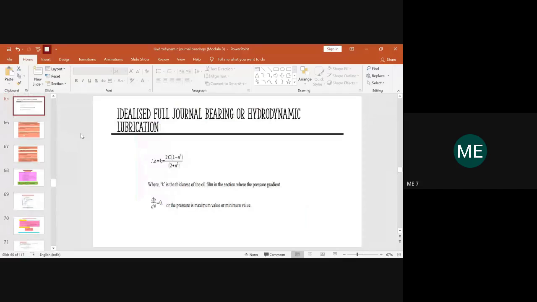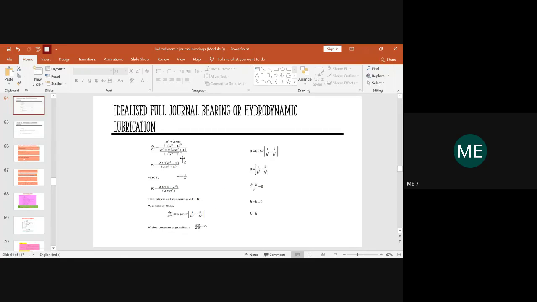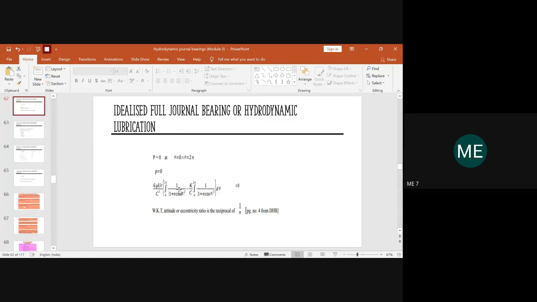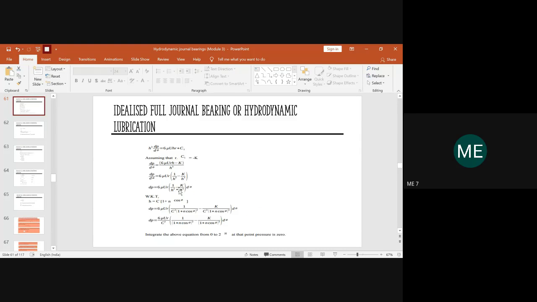the idealized journal bearing. See, this is one equation where h is equal to k. Here also it is C and n. Apart from that, if we need only the value of k, you have one equation here. And sometimes if the angle of inclination phi is given, then you can also use this equation to calculate, but for this you need the diametrical clearance value also.